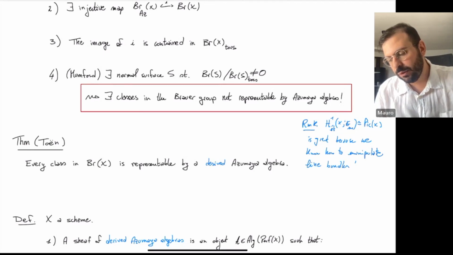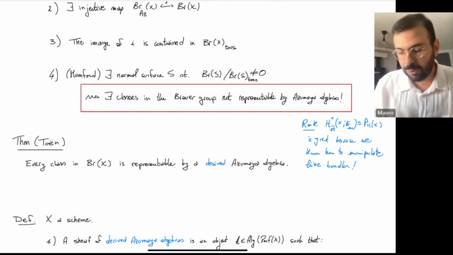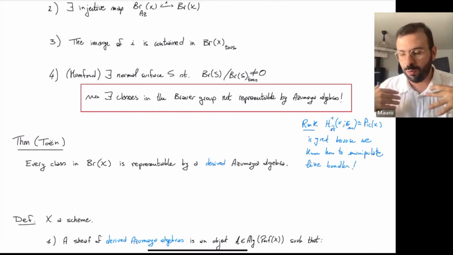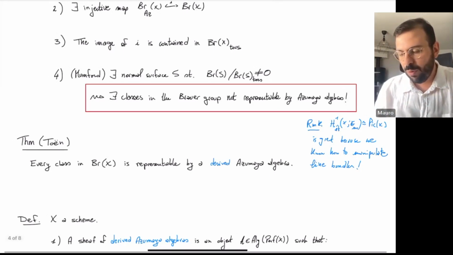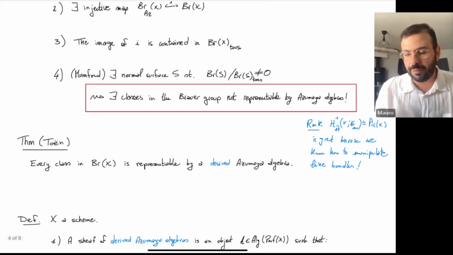And so this side is extremely more concrete. So we know what to do. We know what is the relevance for line bundles, how to use them, how to prove things about them. While on the other side, we just had an abstract cohomological group, which we don't know much about.